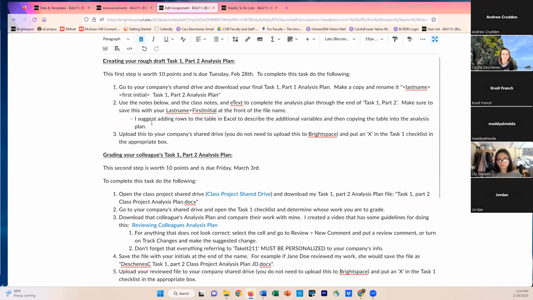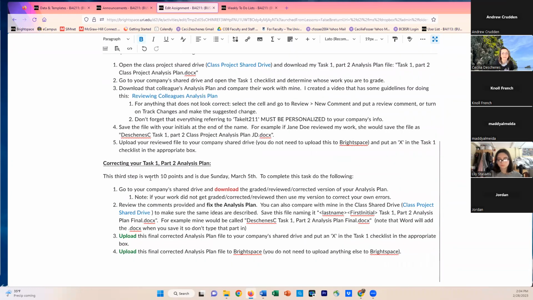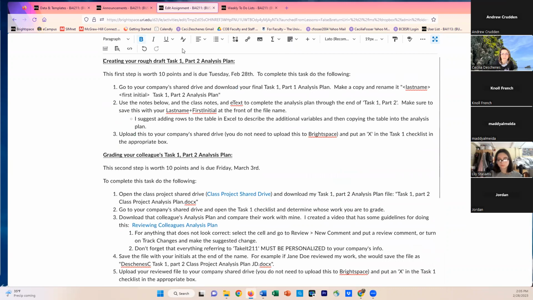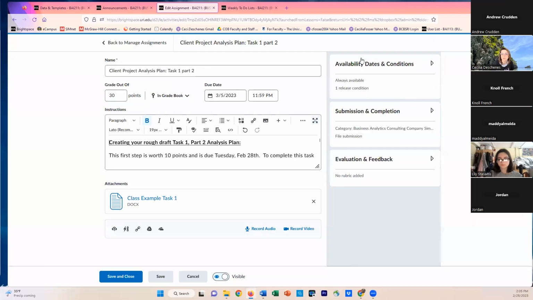They talk you through doing your original work, grading it, and then doing the final corrected version. But if you scroll to the bottom, there's a class example task 1. Those are like notes you would take if you had a meeting with the client and were going to keep track of what you were going to do.